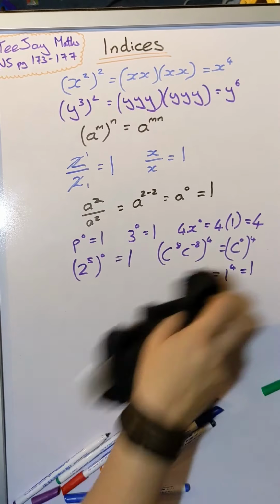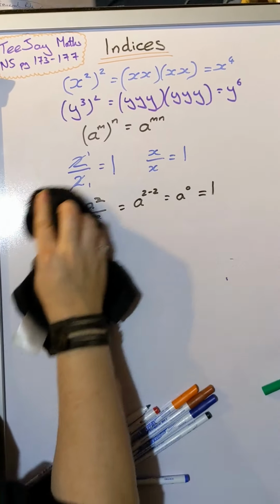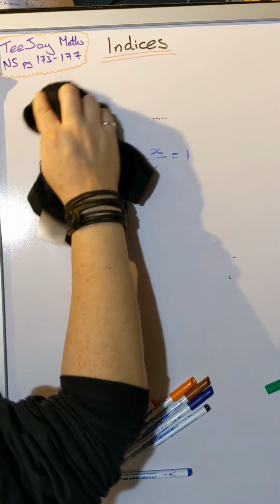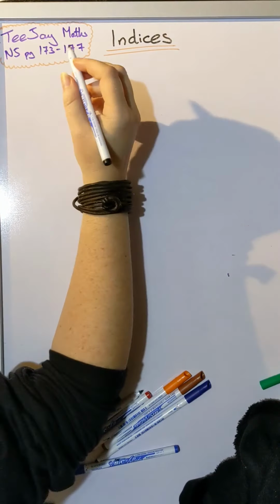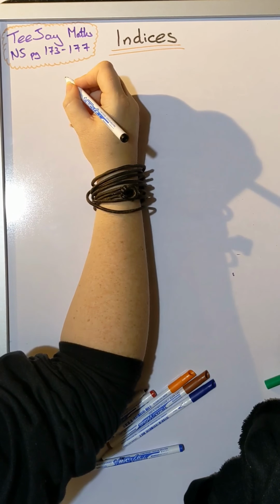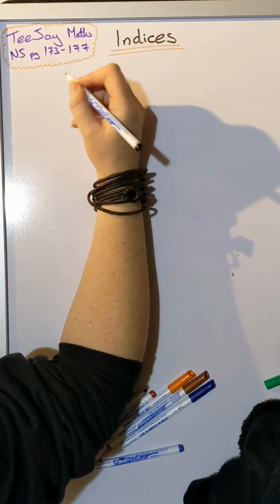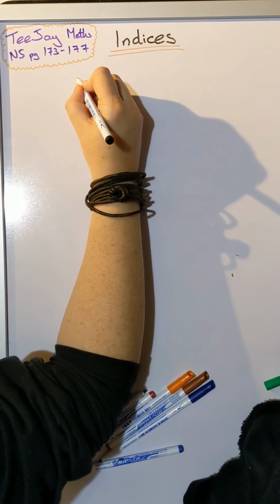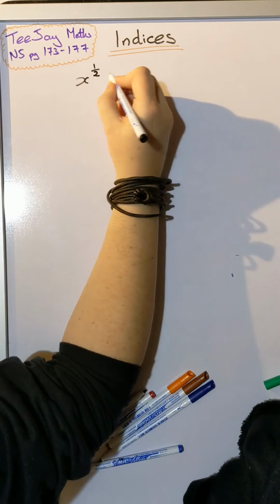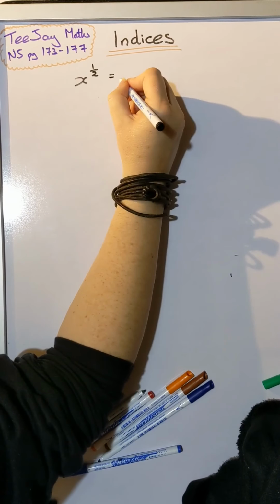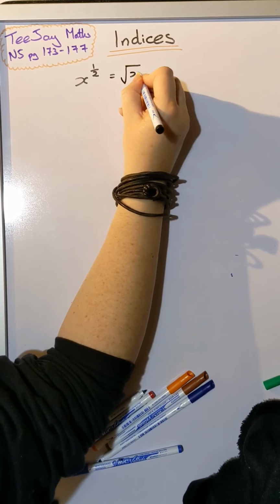I'm going to give you the final rule. And this one looks horrible, but with practice you get used to it. So if we had x to the power a half, what we've actually got there is the square root of x.